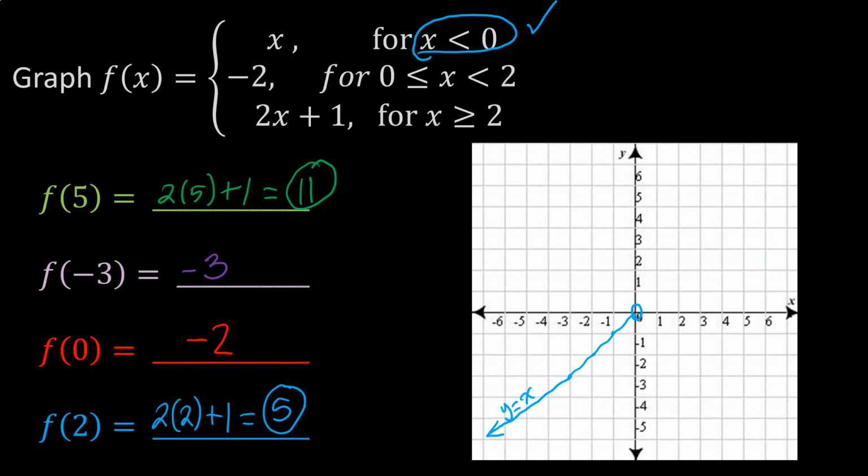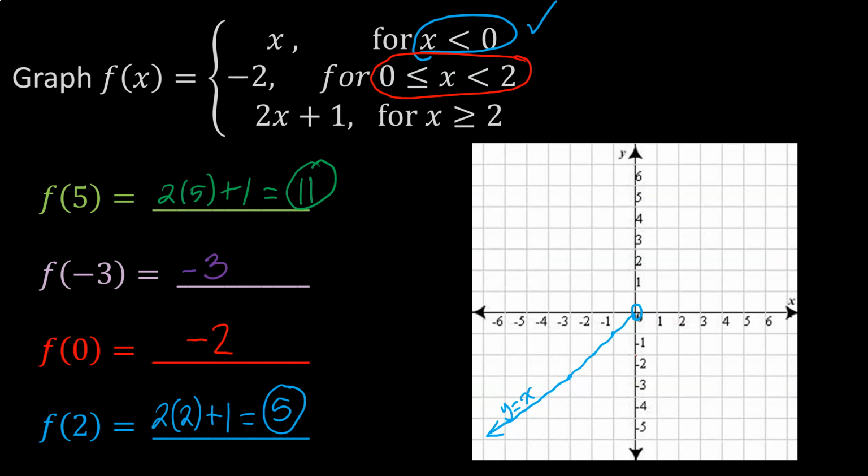Now for the second piece, that is a constant function, f of x equal to -2. So that would be a horizontal line. -1, -2 is right here. Okay, so -1, -2 is here.